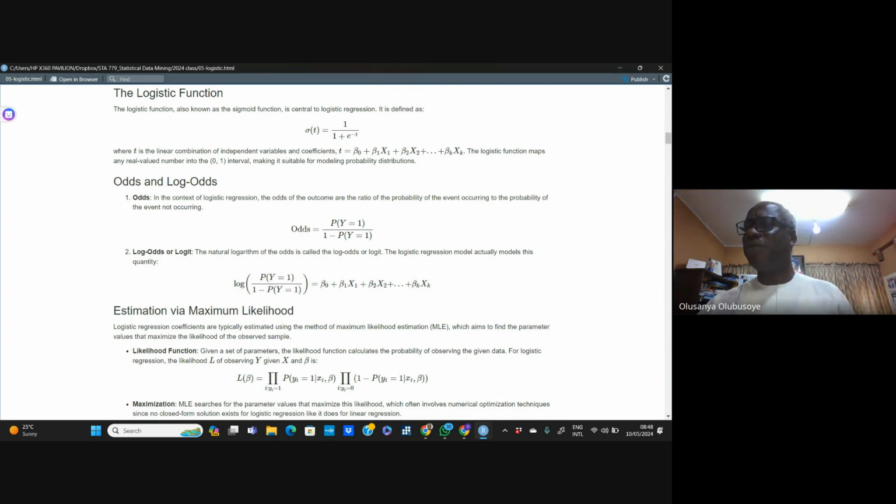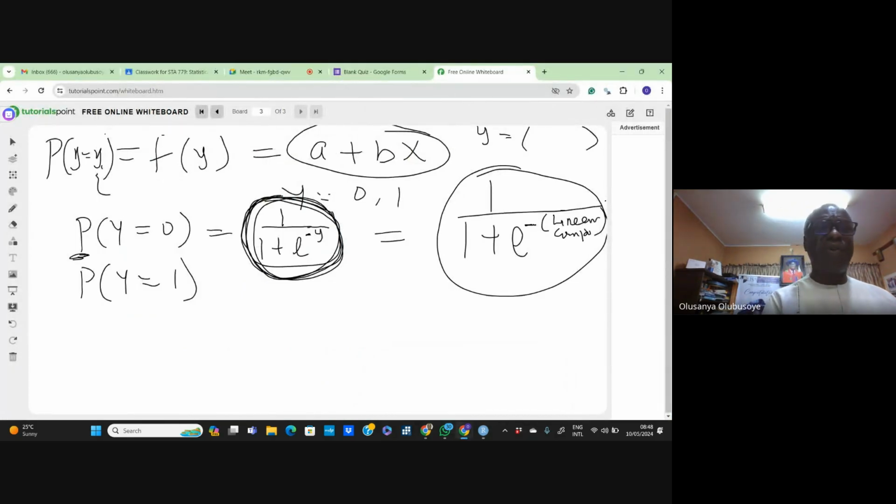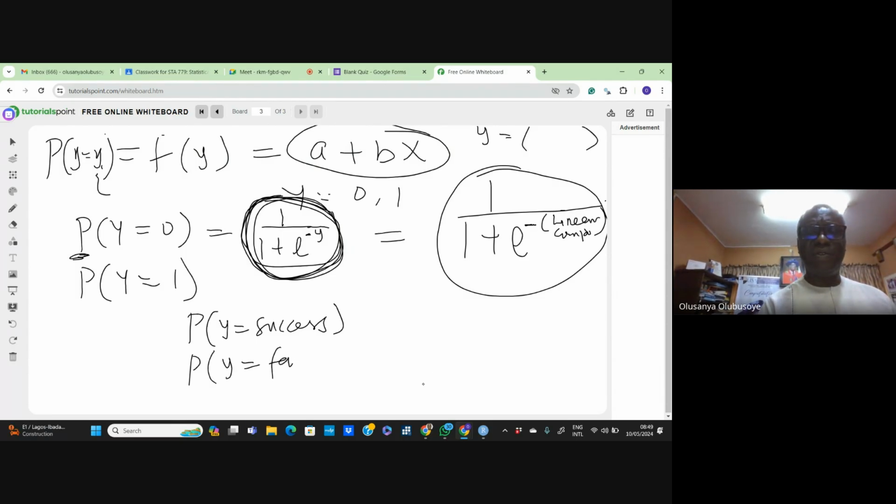If we go back to the expression I talked about earlier, this is the probability of Y equals success, and this is the probability of Y equals failure.